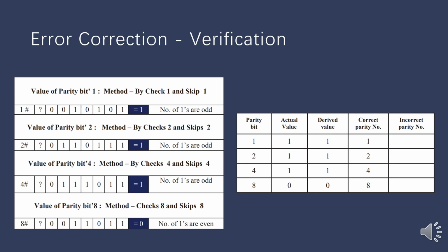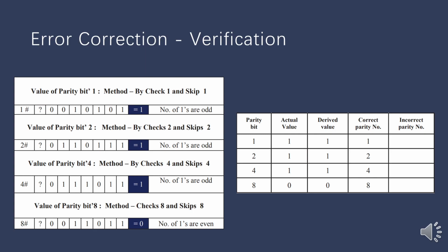We see from this method how we can detect an error in a received sequence of information by checking the values of the parity bits. If the derived values of the parity bits do not match the parity bits of the received signal, it shows that the signal has some error, and if the values match, it means the signal has no error.